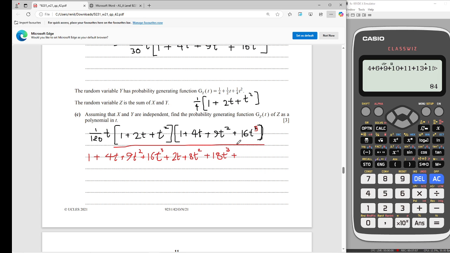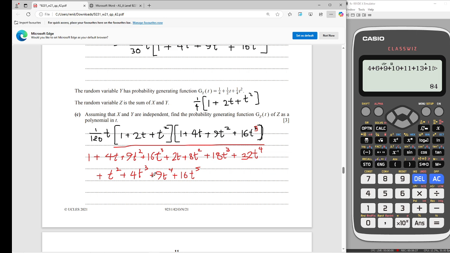Yeah, that confused me as well. So this is 32t to the power 4, and then we add that on with now our t squared times everything. So t squared plus 4t cubed plus 9t to the power 4 plus 16t to the power 5.